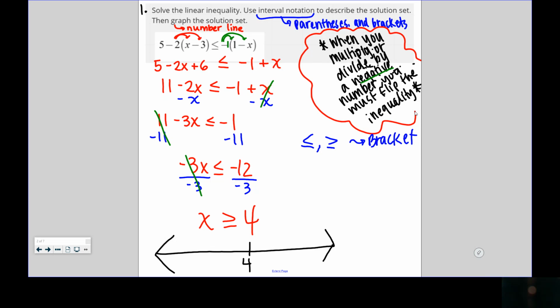If you have just a less than or a greater than, that's going to be represented by parentheses on the number line. So less than or equal to or greater than or equal to is represented by a bracket. Just less than or greater than is represented by a parentheses.